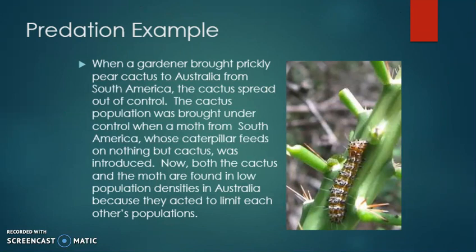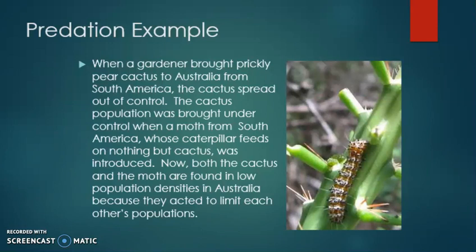Another example that involves an invasive species, or maybe not invasive, but definitely alien species, is when a gardener brought a prickly pear cactus to Australia from South America, and because it didn't have a natural predator, it spread out of control. But then they were able to bring it under control by getting a moth from South America that ate the cactus, and that way they were able to balance out the populations.